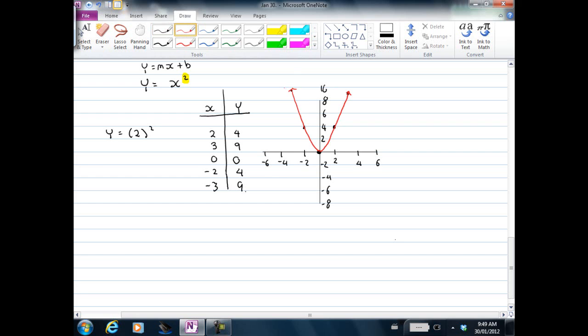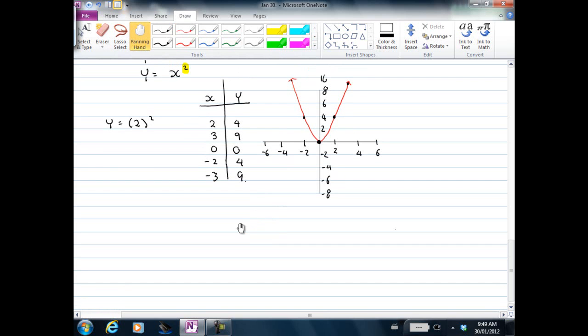How many of you have seen this shape before, or done this in grade 10? There's going to be some vocab I need you to know. This right here is called your min value.